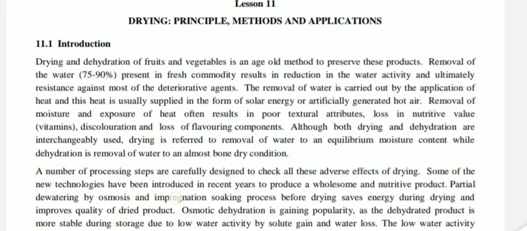Means if tomato has higher moisture content than air, then the moisture will leach out to the air to maintain the equilibrium. If the moisture content of air is higher than tomato, then tomato will receive the water and will become soggy.